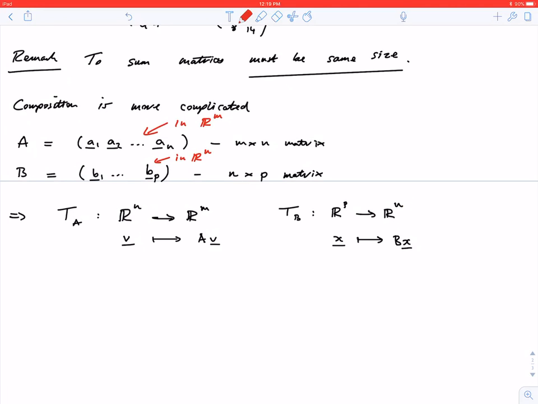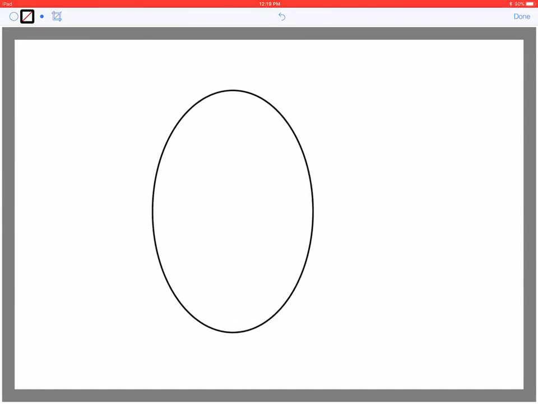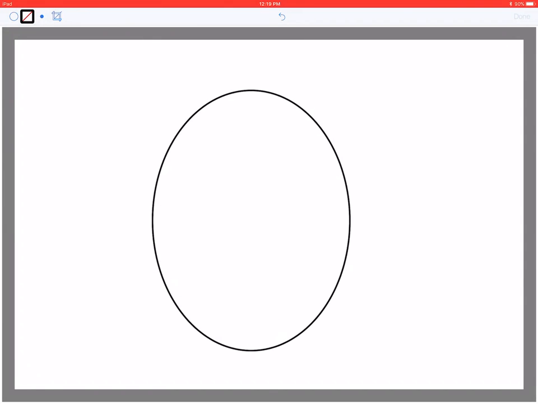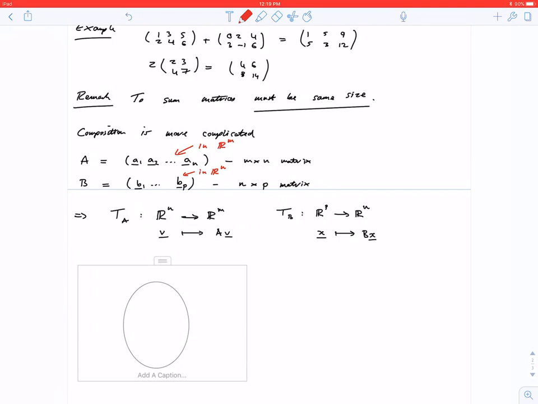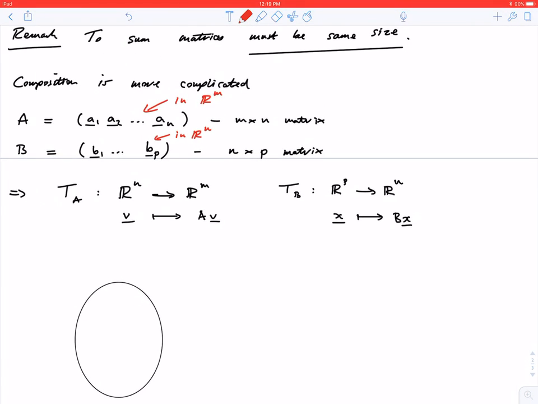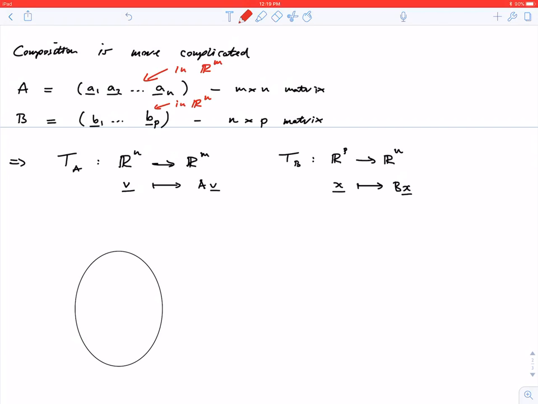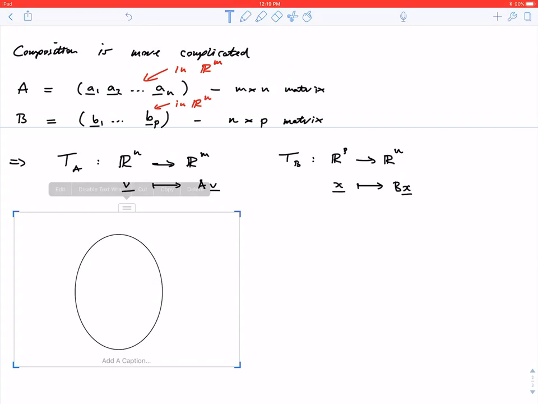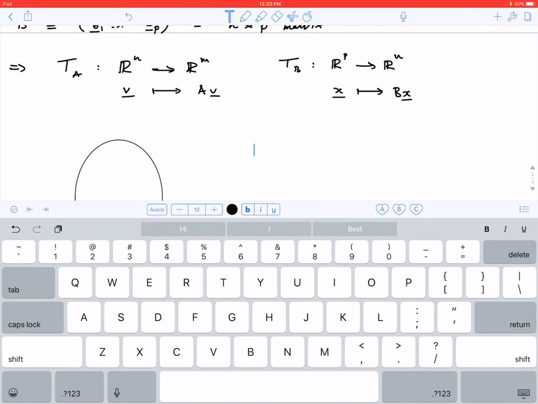Shall I give this a crack again? Figure. Okay, so let's try this. So let's have 3 copies of this, basically.